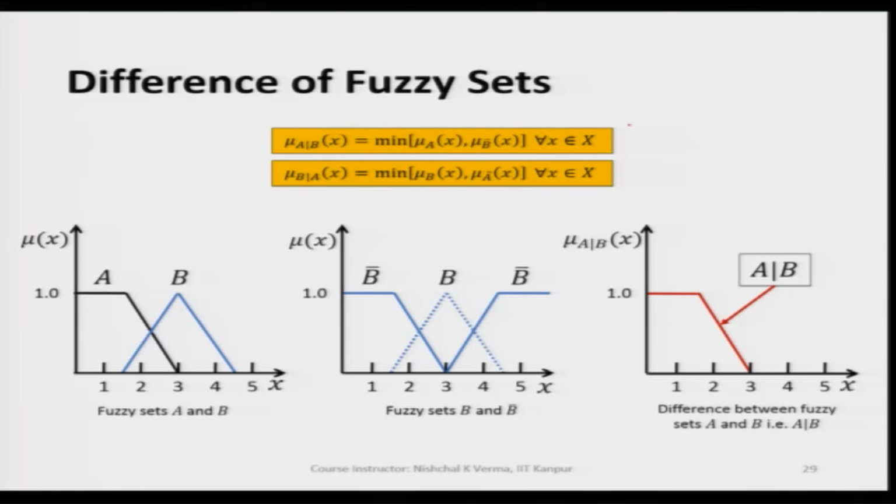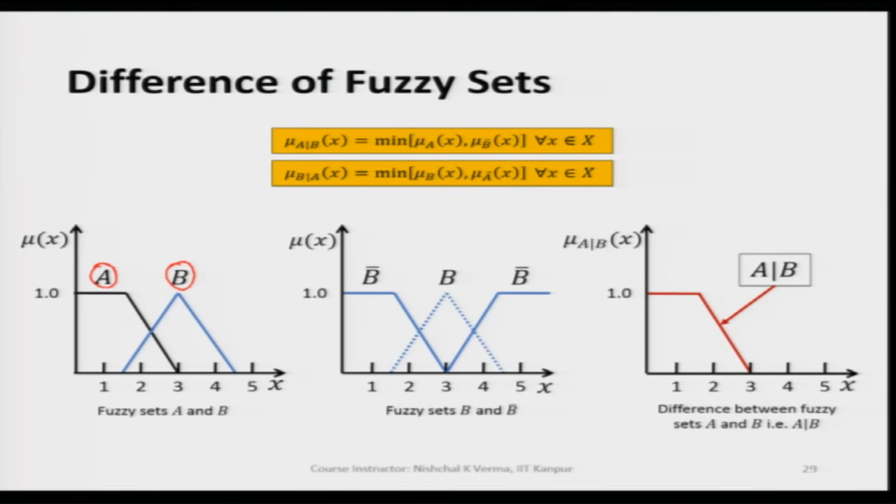So, let us now understand the difference of fuzzy sets here. If we apply these two conditions to the fuzzy sets that are given here, this is fuzzy set A, this is fuzzy set B, and we are interested in finding the difference between fuzzy sets A and B. So, we have to find mu B bar.